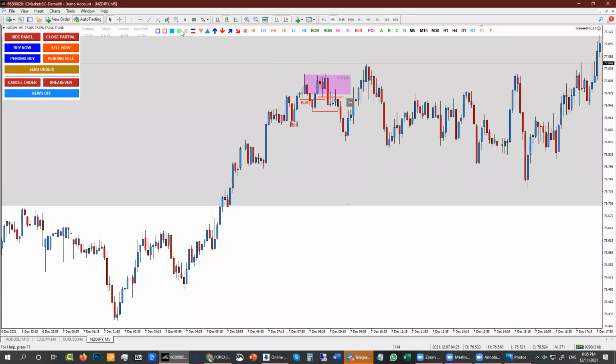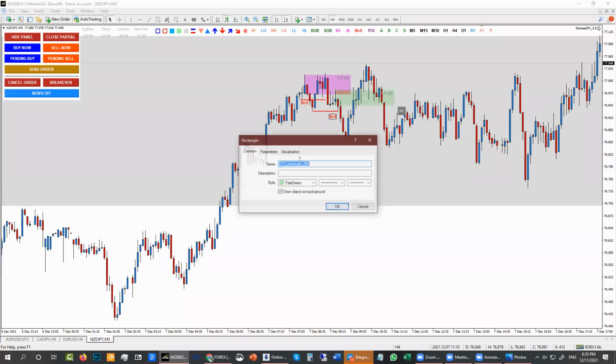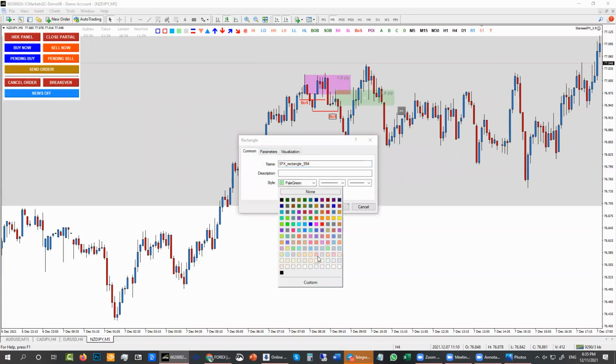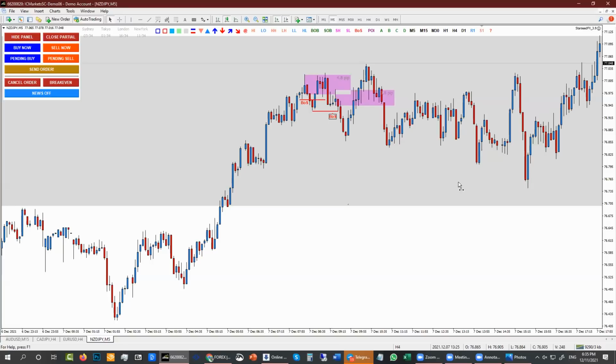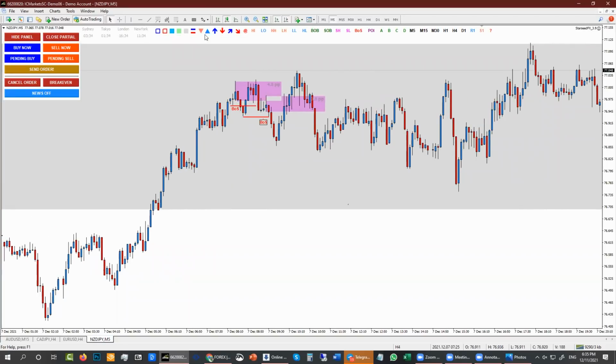So this is the breakout structure here. And this is another losing one. All right, another losing one. And here, the breakout structure.